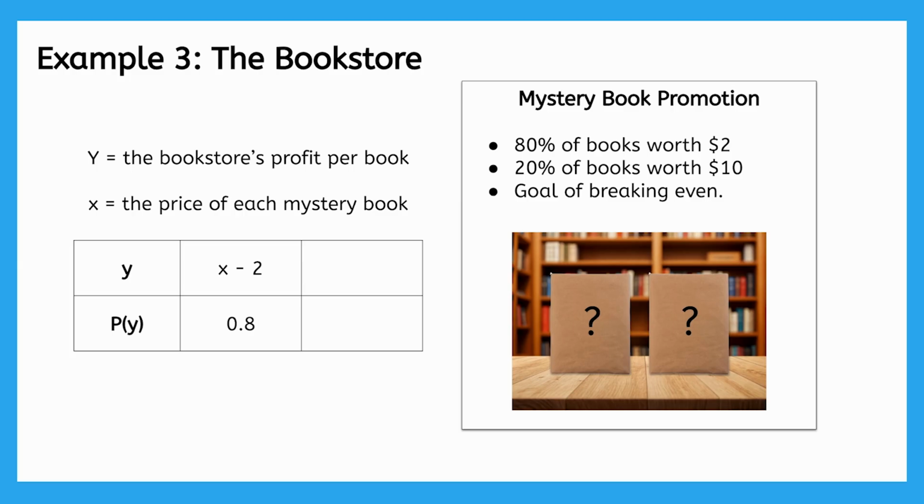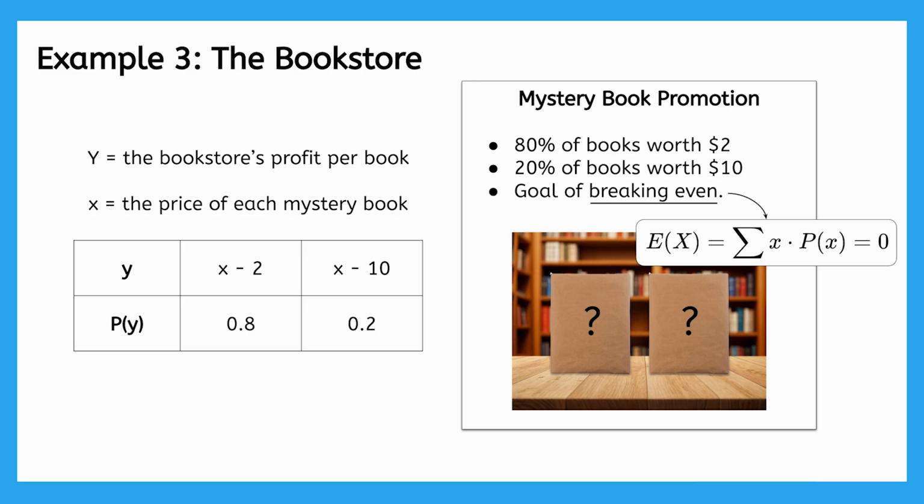The profit for each $10 book would be x minus 10, and the probability of selecting one of those books is 20%. If they want to break even with this sale, they don't gain anything or lose anything for each book sold. In other words, the expected value is $0. Pause now and determine the value of x such that the expected value is 0.